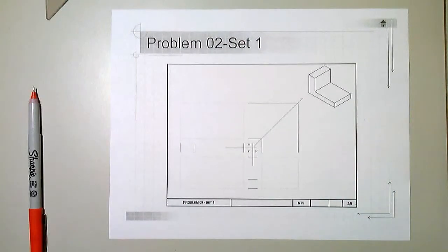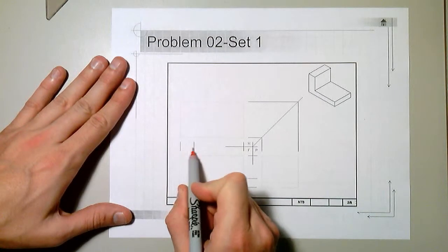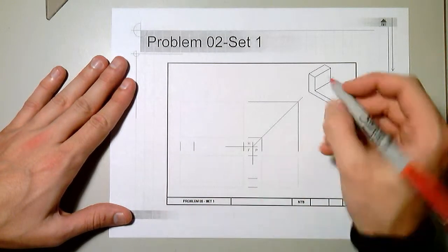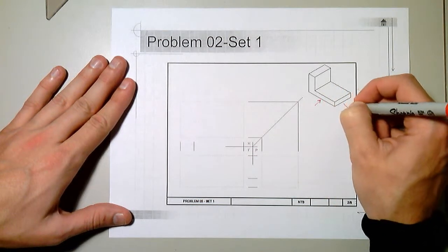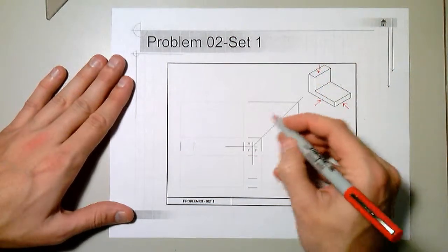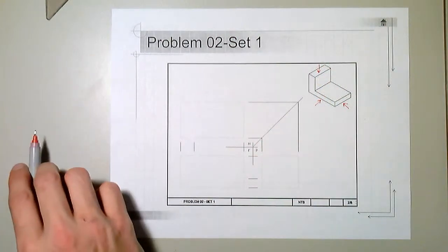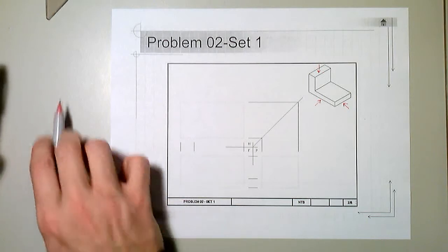Alright, so when we're looking at problem 2, same things. They've given us a few hints here, and I'll show you why those matter, but we're going to do our front view first, then we'll do our side view, and then we'll do our top view. And we're going to use a little more of these projection lines this time. So, let's go ahead and draw the base.